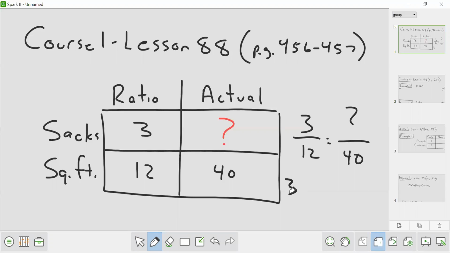I know that 3 times 40 is going to equal 12 times something, all right? And so we know that 3 times 40 is 120, and if I divide it by 12, it tells me now that this is going to be equal to 10, all right? And so your answer is, I'm going to need 10 sacks.